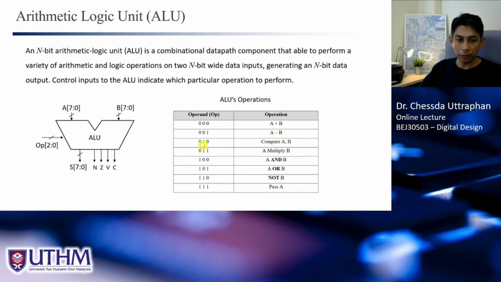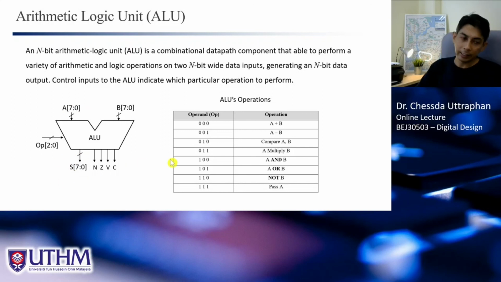If we change the operation to 010, this is A compare B. 011 is A multiply B. 100 is AND, 101 is OR, and 110 is NOT B, which means that the output is the complement of B. And if OP is 111, it is pass A, which means that we just pass the data from A to the output S, right?